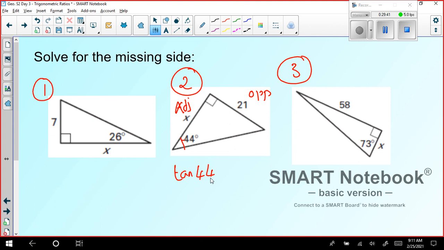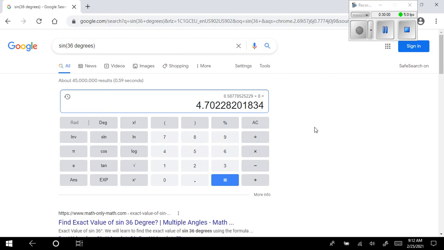So we have tan 44 degrees equals opposite over adjacent, which is further going to be 21 over x. And I'm going to use the calculator to find tan 44 degrees.